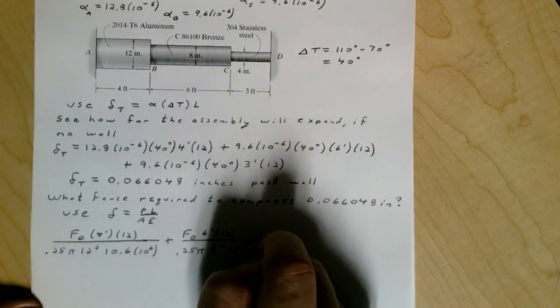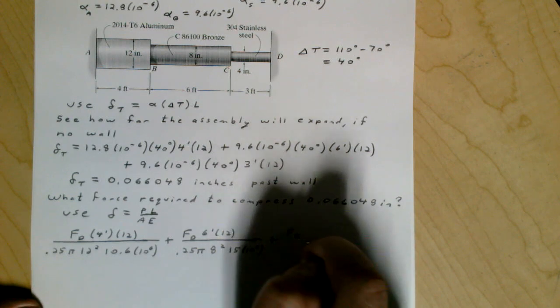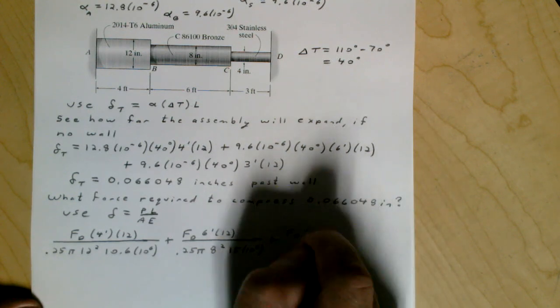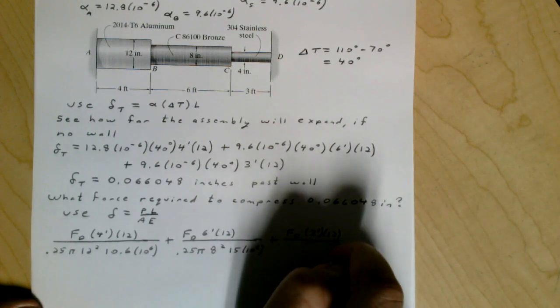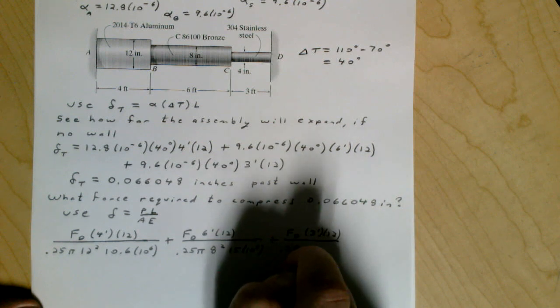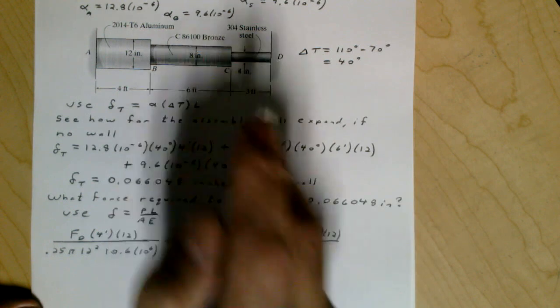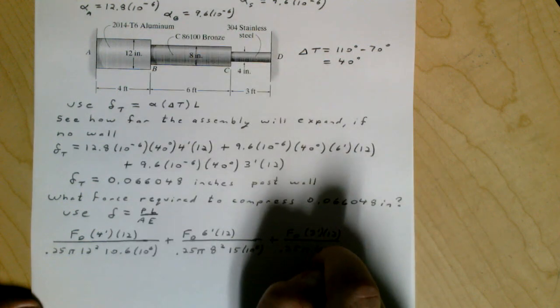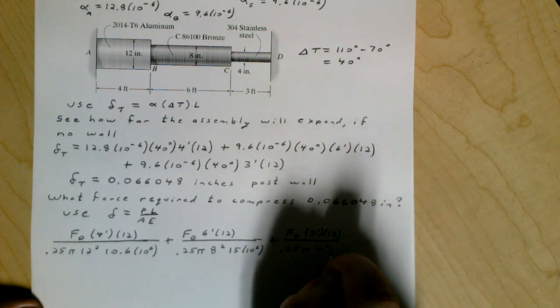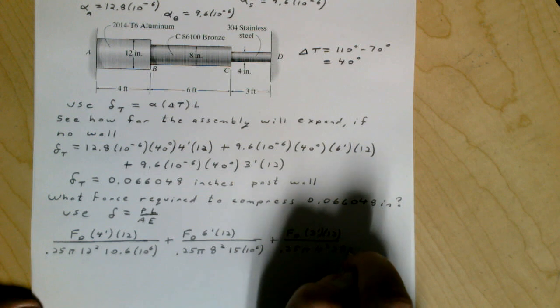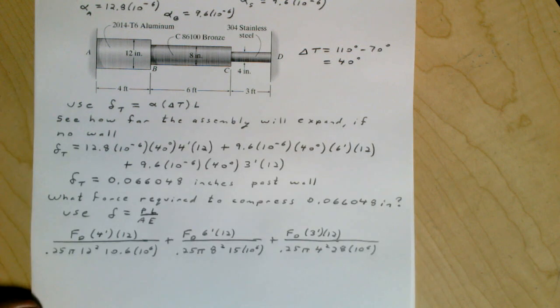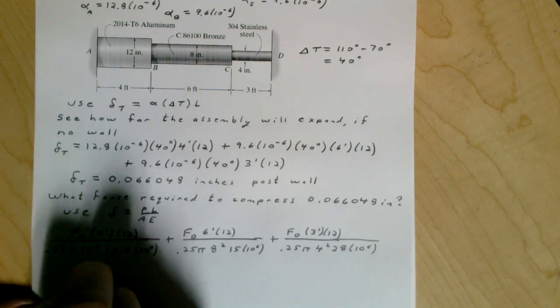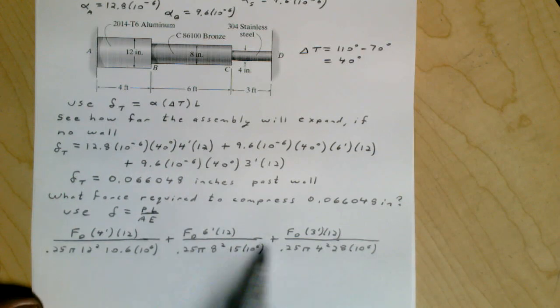Then for the stainless, it's going to be FD times the length, which is 3 feet, times 12, times 0.25 pi. Let's see, the diameter for the steel is 4 inches. And then the Young's modulus is 28 times 10 to the 6th. So again, we have this aluminum, bronze, and steel.